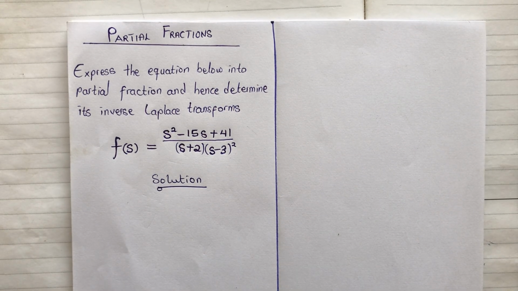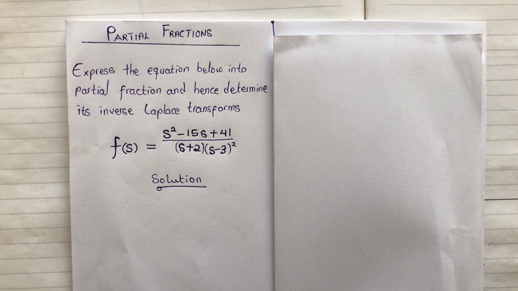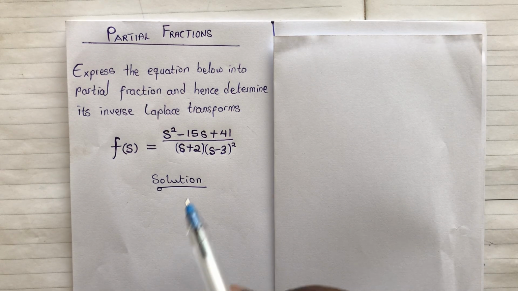Because I have not really discussed a video under partial fractions, I'll take some time to go through a few rules. I will not be going deeper into partial fractions, so I'll just talk about two rules and then we start the calculation.